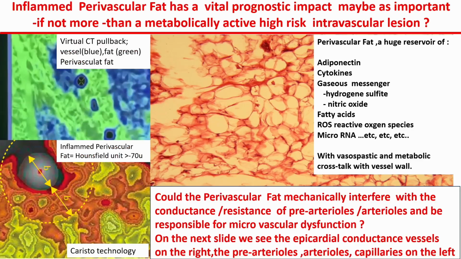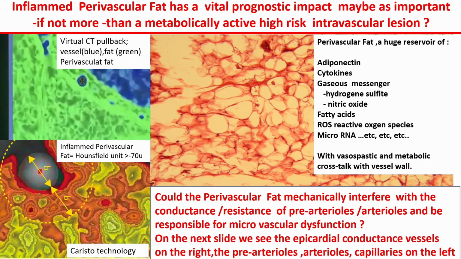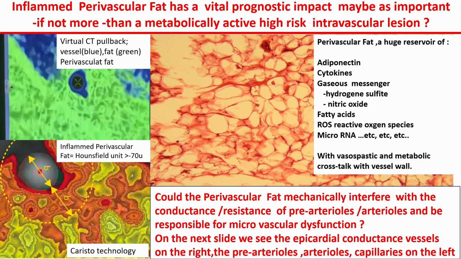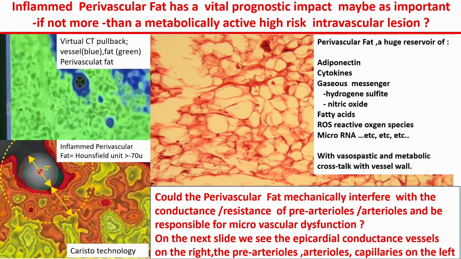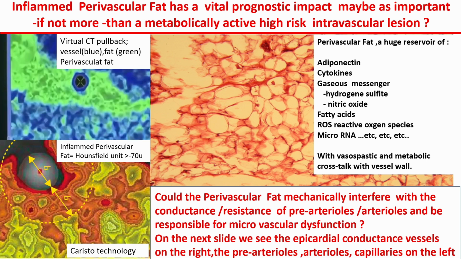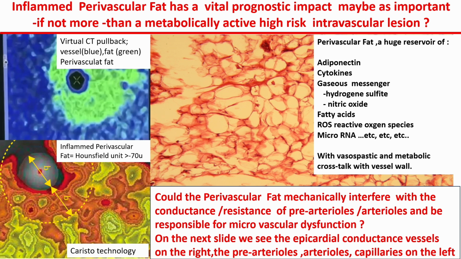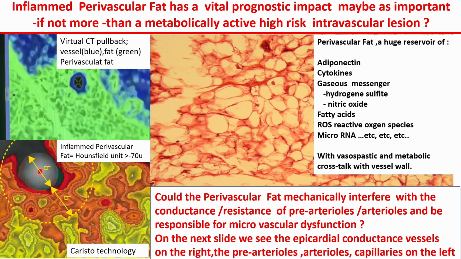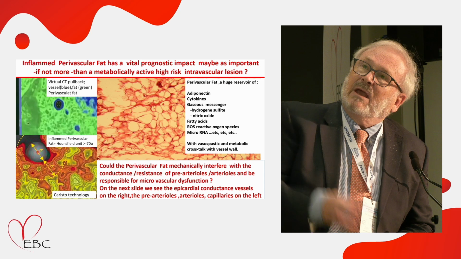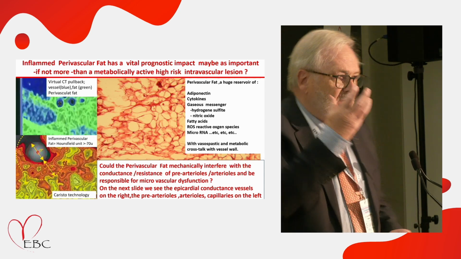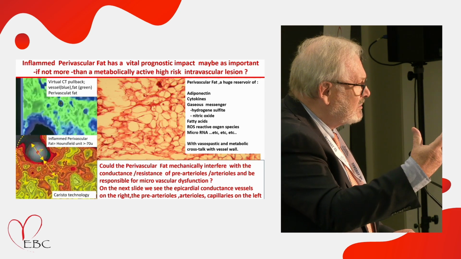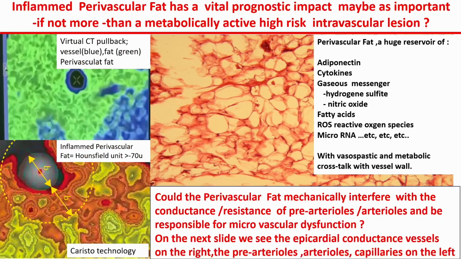So this is a conventional virtual CT pullback. The vessel is in blue, the fat is in green, called perivascular fat. You know the Caristo technology, with the FAI unit, saying that inflamed perivascular fat has Hounsfield units even lower than -70. And if you look at the fat around the heart, it's unbelievable what is there.